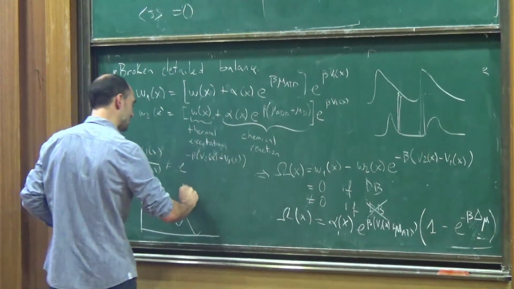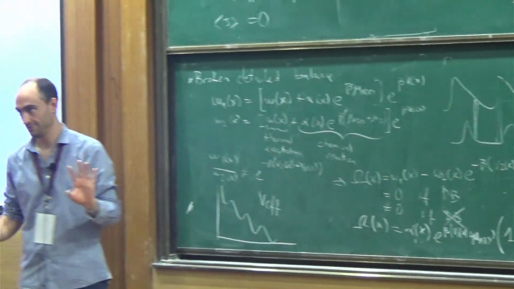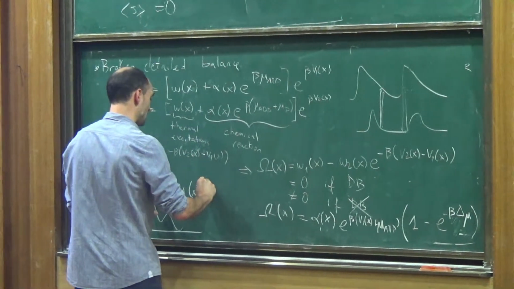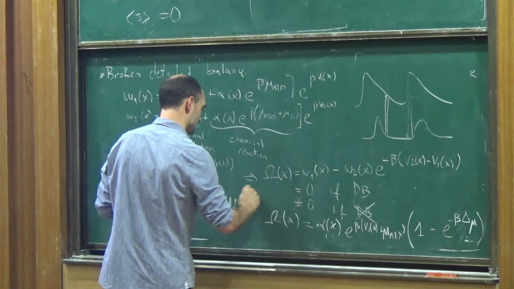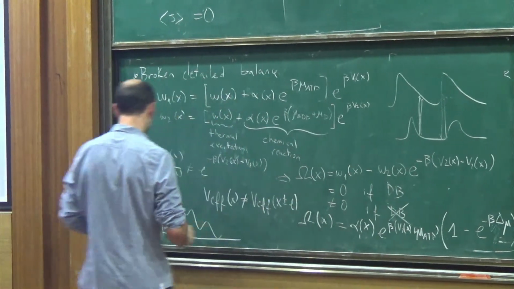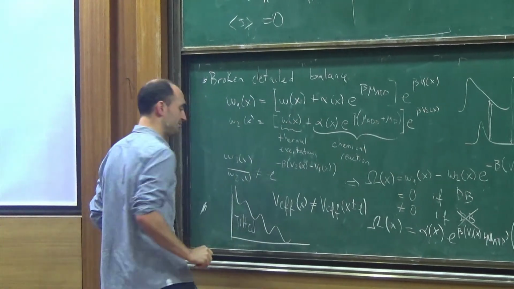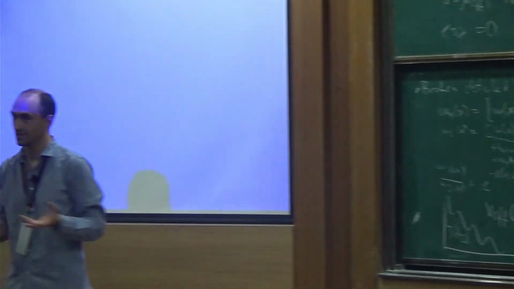So now the effective potential that is obtained when you break the balance in any way, the effective potential is not periodic. You have a tilted potential. Tilted effective potential. Okay? And now I ask you the same question I asked you before.